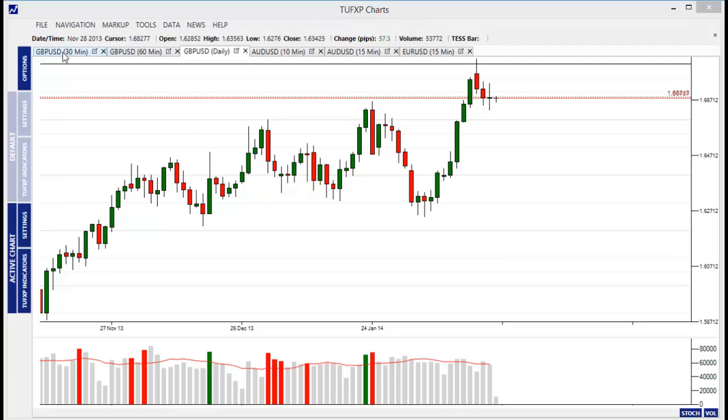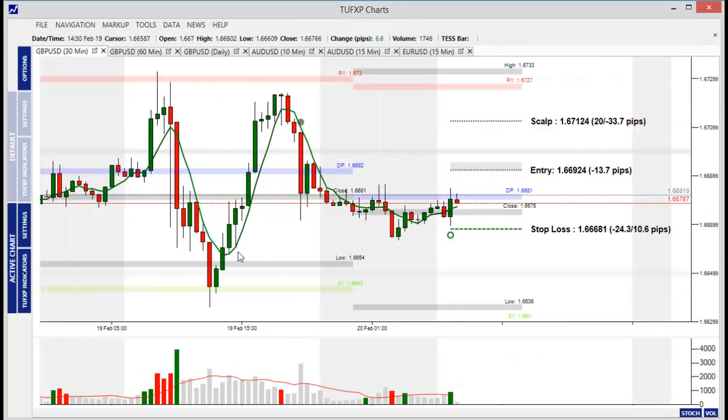Just looking at the 30-minute chart, we can see that, surprise, surprise, as I said in yesterday's market view, I thought the unemployment percentage would stay at 7.1. It actually came out slightly worse at 7.2, but that's no surprise at all with an election next year. You'll see the government doing everything it can possibly do to make sure that interest rates don't increase before the election, even though there's rumour that they will increase a year in March.